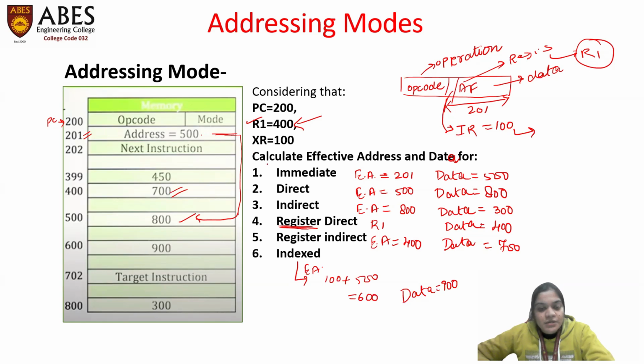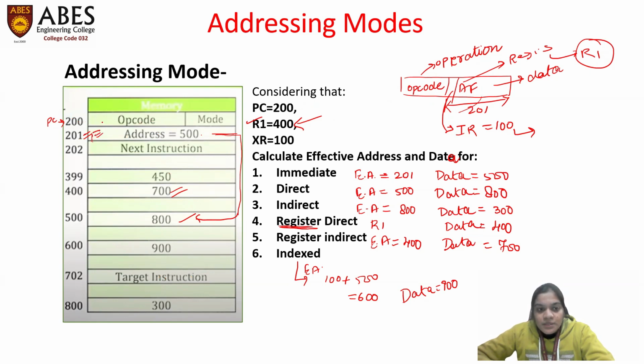Whenever this kind of question comes in your exam, always consider that this is the memory section and your instruction is a set of two components. One component is the opcode, which is stored at one location. Another component is your address field, which is located at another location.